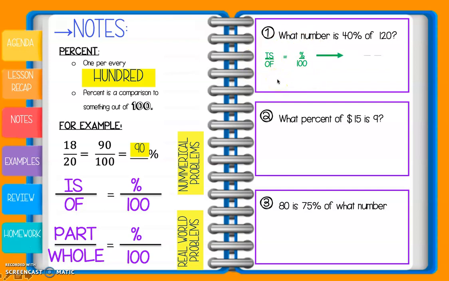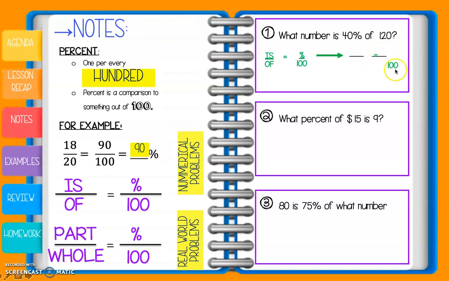Now we have 4 blank spots, and we need to go up into our problem, fill in what we know, and figure out what is missing. It says, what number is 40% of 120? That's my equal sign, way over here.